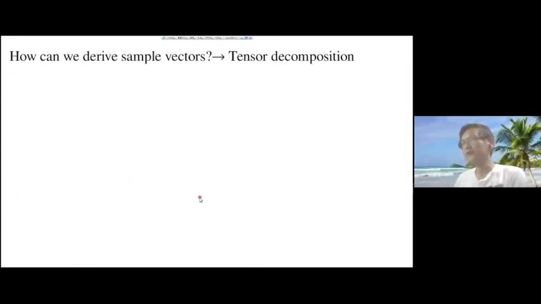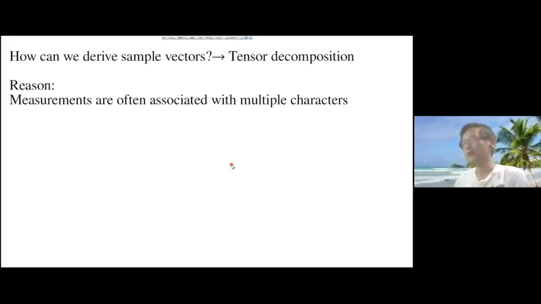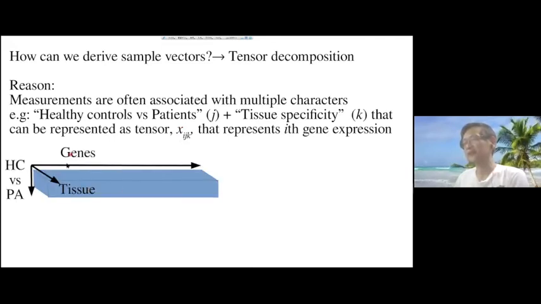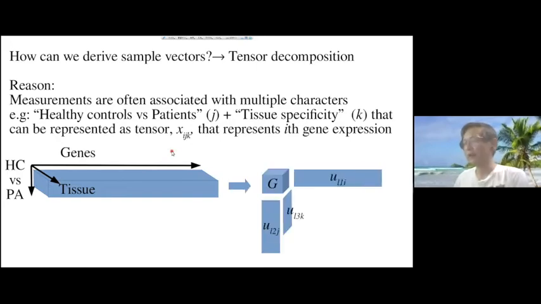So the problem is how we can derive these sample vectors. We employ tensor decomposition, because measurements are often associated with multiple characteristics. For example, the measurement has been done for healthy controls and patients, and for several tissues. Then the expression, having two suffixes G and K, is represented as a tensor like this, with genes, persons and tissues. Then we apply tensor decomposition.